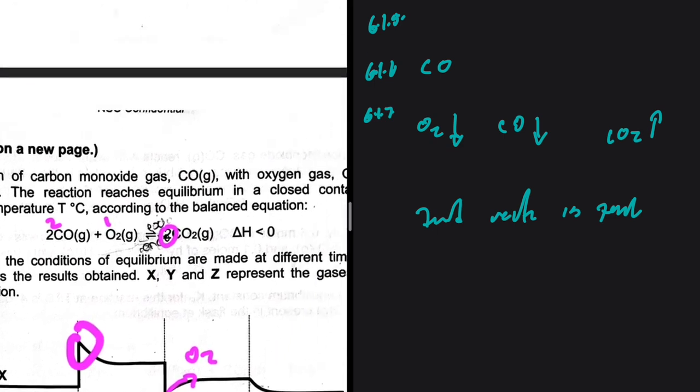Let's go to our reaction and see whether our reaction is exothermic or endothermic. The forward reaction is exothermic, right? Forward reaction is favored, so it is the exothermic reaction that is favored. So which change in temperature favors the exothermic reaction?